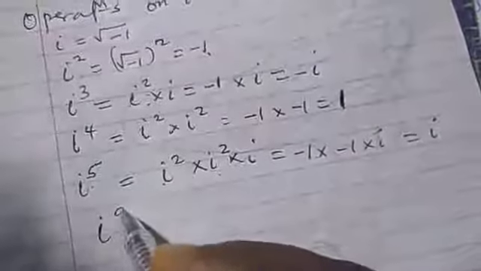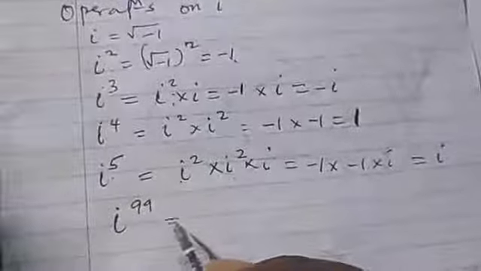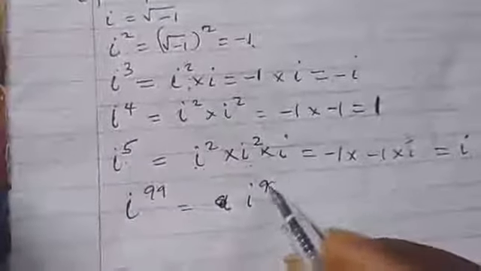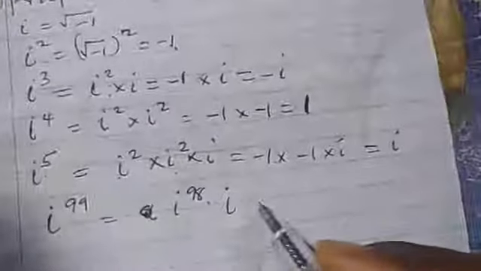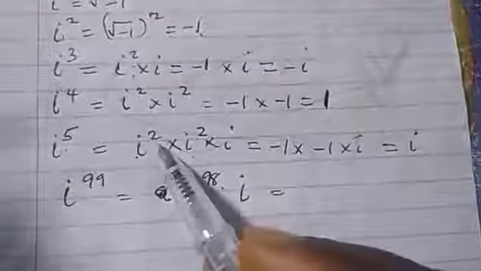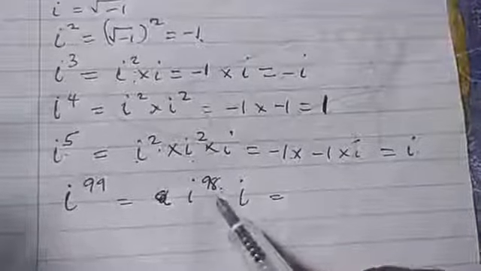If I'm having i raised to power 99, it can become i raised to power 98 times i. We are only trying to express this in terms of squares, that is why we use 98 directly.